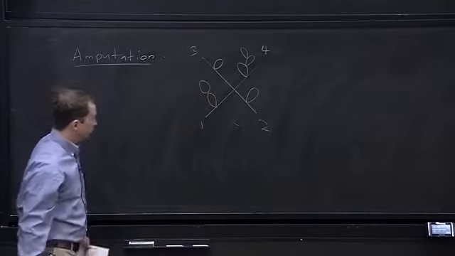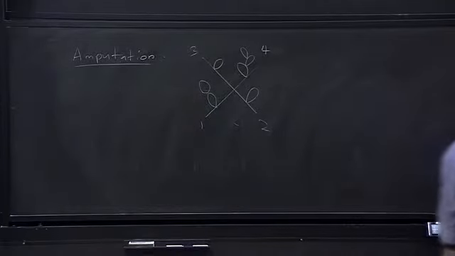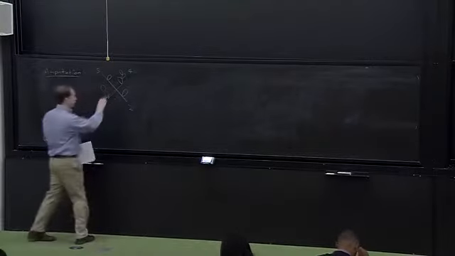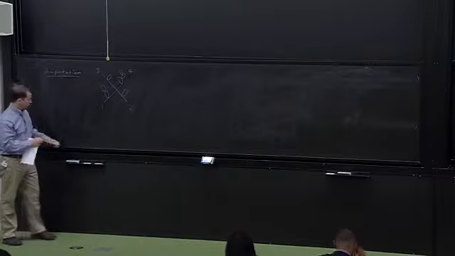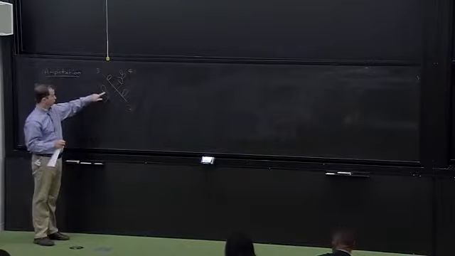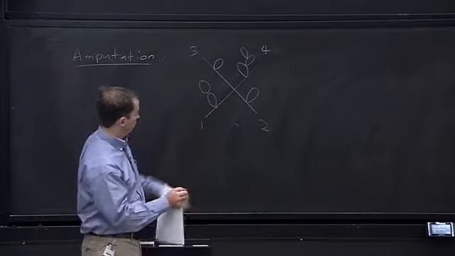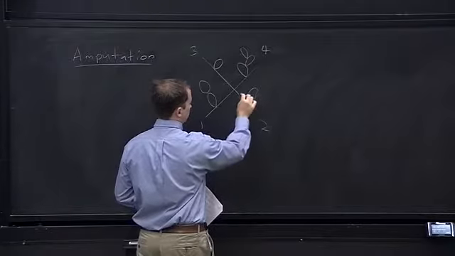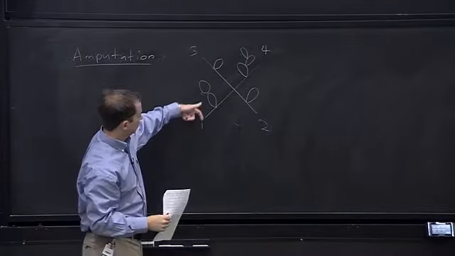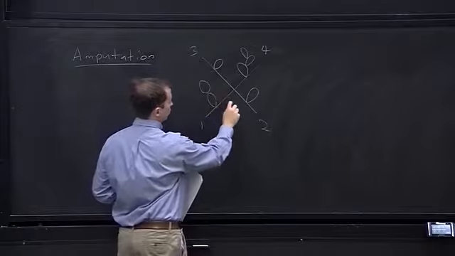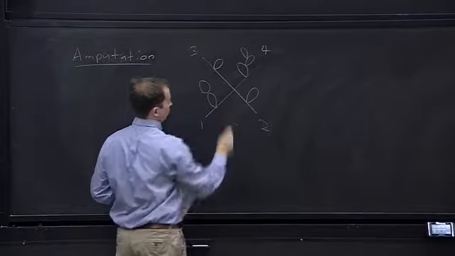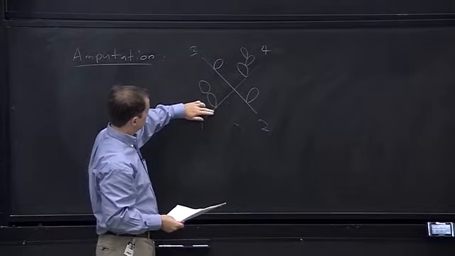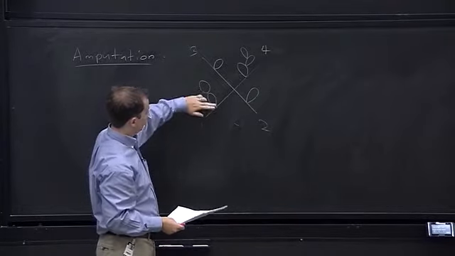And what amputation means is, if we have some diagram that has corrections or loops on the external legs, when we amputate the diagram, on each external leg we cut the leg after all loop corrections.